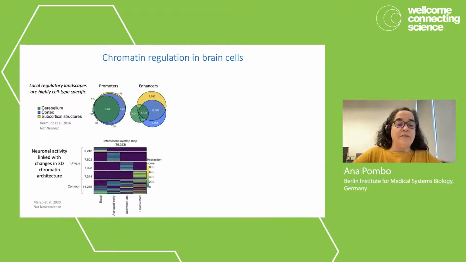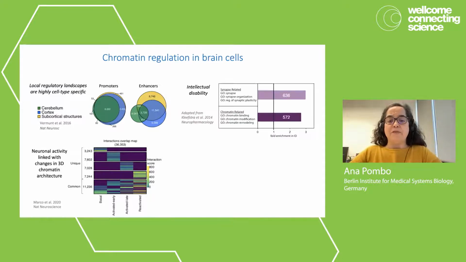We also know that in response to neuronal activity, there are dynamic changes in the interactions between different parts of the genome as we go from basal to activation and to reactivation.